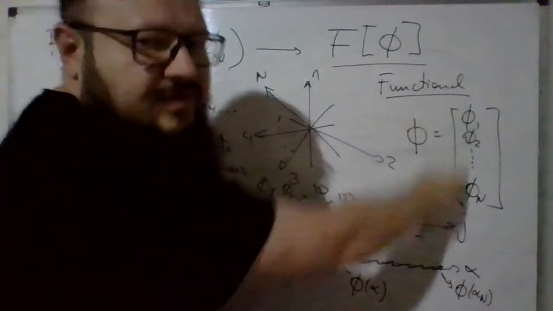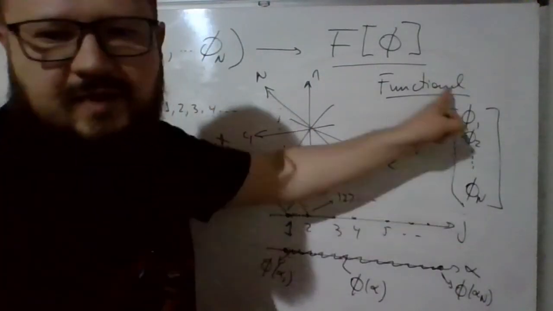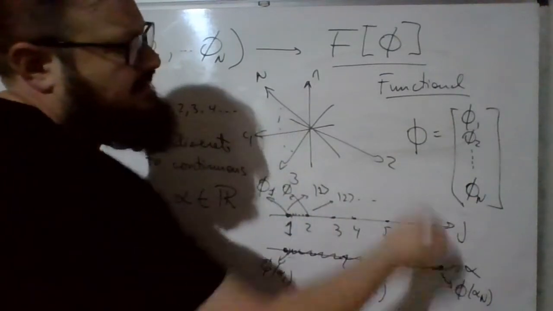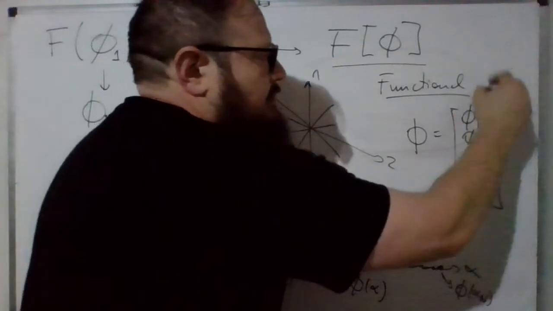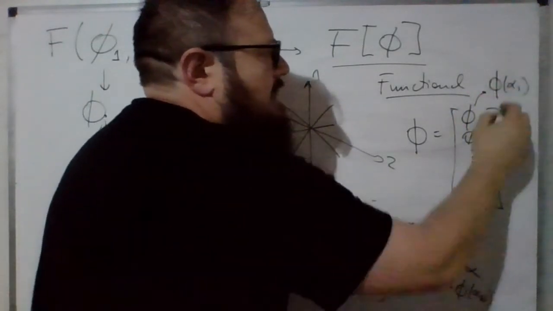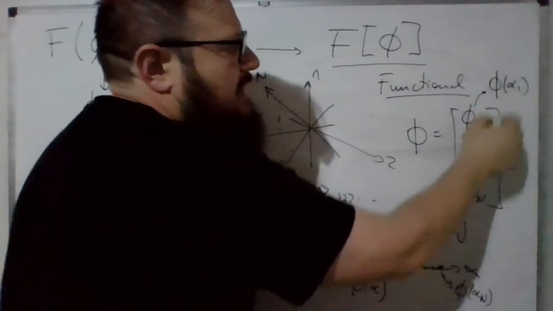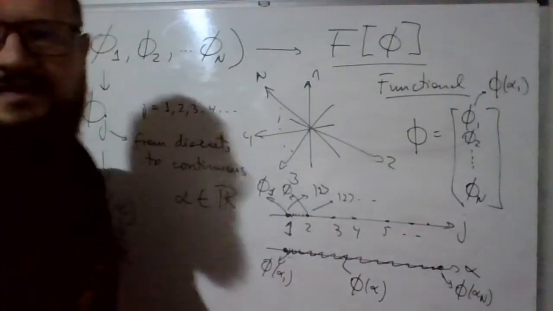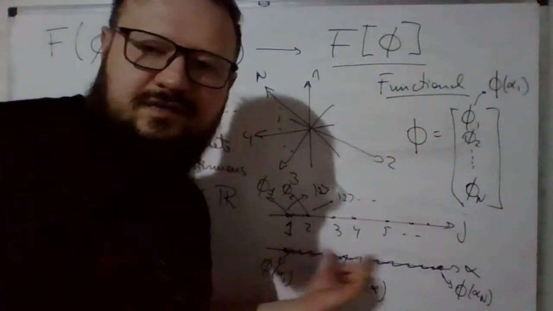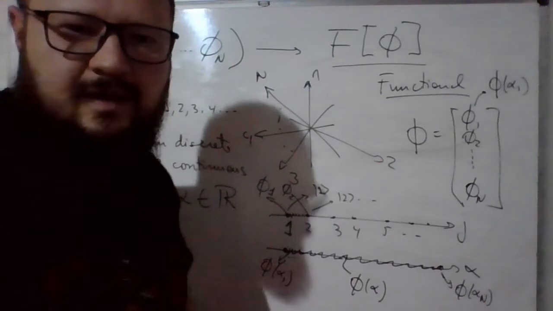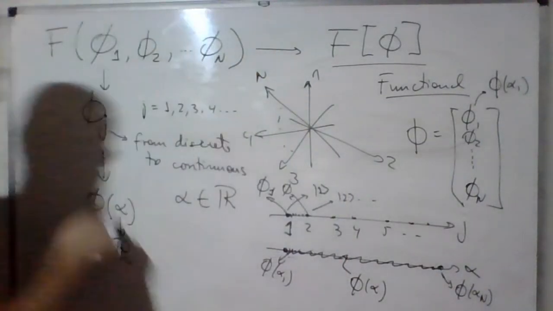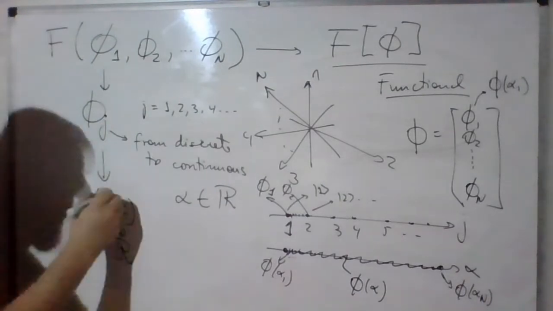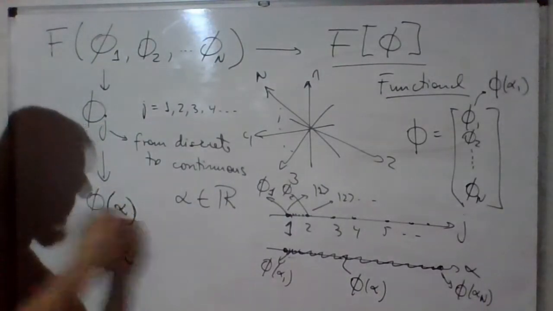And this becomes very dense, and it becomes a function because this phi1 I represent as phi of alpha 1, but between alpha 1 and alpha 2 there are infinite numbers of allowed values for this index. In other words, I am replacing an index by an argument of a function.